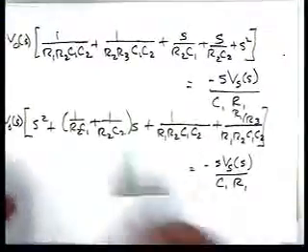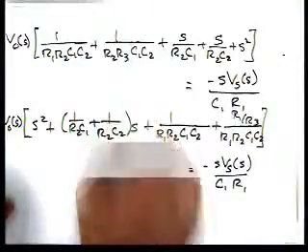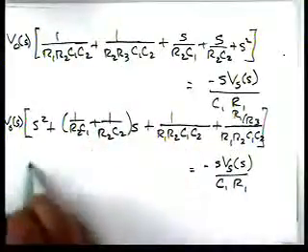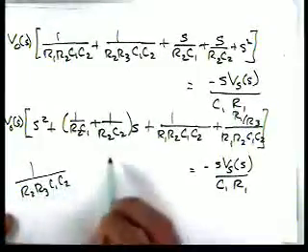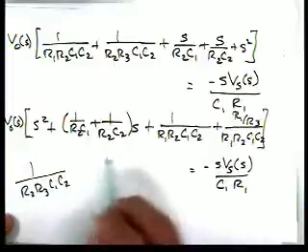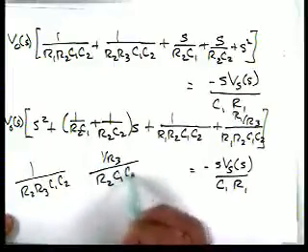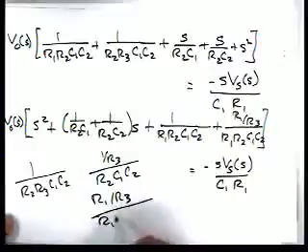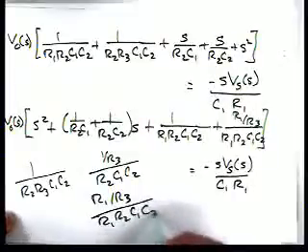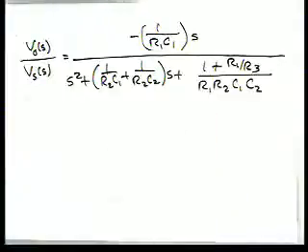We took this term, moved R3 up, so we had the 1 over R2 R3 C1 C2. We had R2 C1 C2, and then this was just multiplied through by R1 over R1, so we had R1 over R3 over R1 R2 C1 C2, and that's how we're able to get it to this term here on the bottom right.